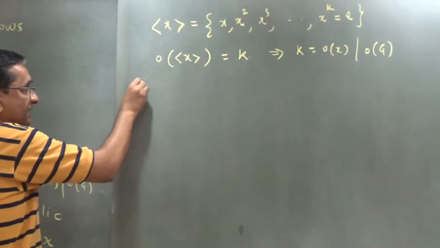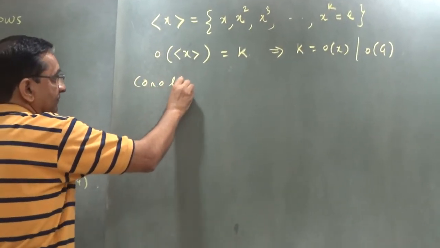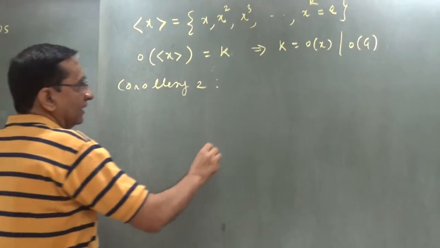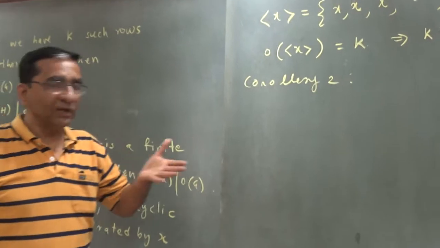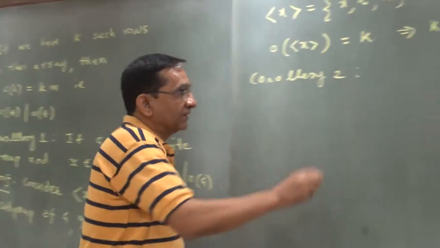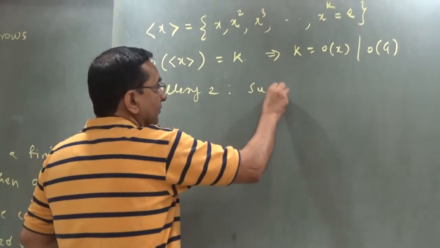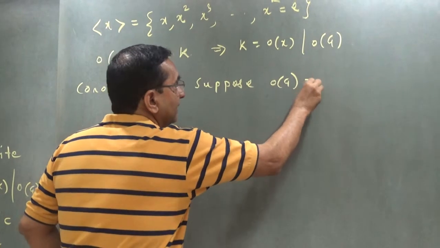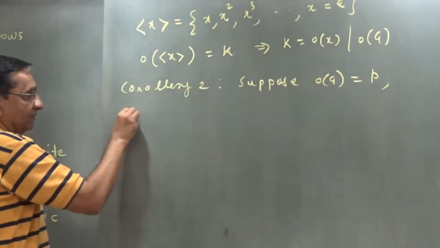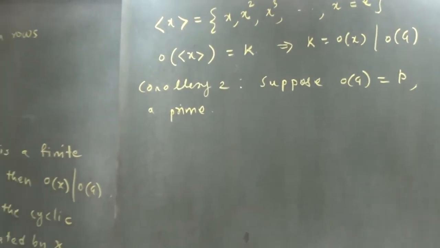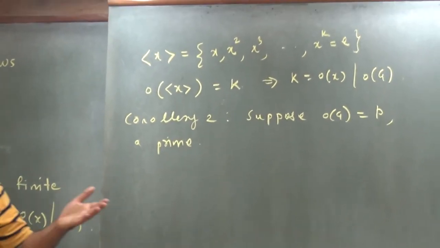The second consequence: let us take a particular case where the order of the group is a prime number. Suppose the order of G is P, a prime. Then what do you expect?